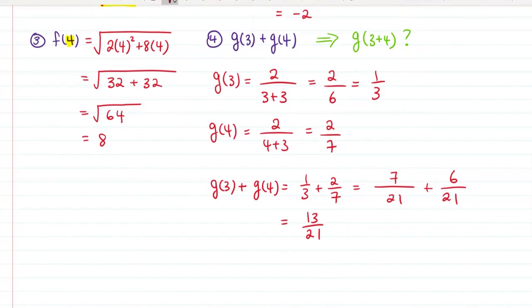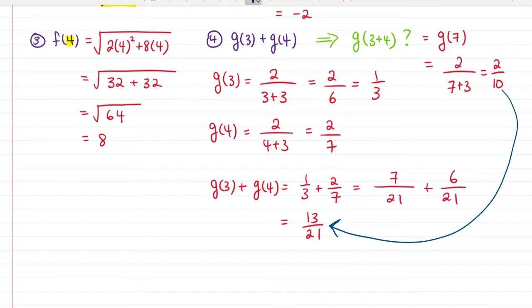And let's check to see if it is true for g of 3 plus 4. So g of 3 plus 4, that is g of 7. If you plug that into g of x, 2 over 7 plus 3, which is 2 over 10, which is not the same as our answer.